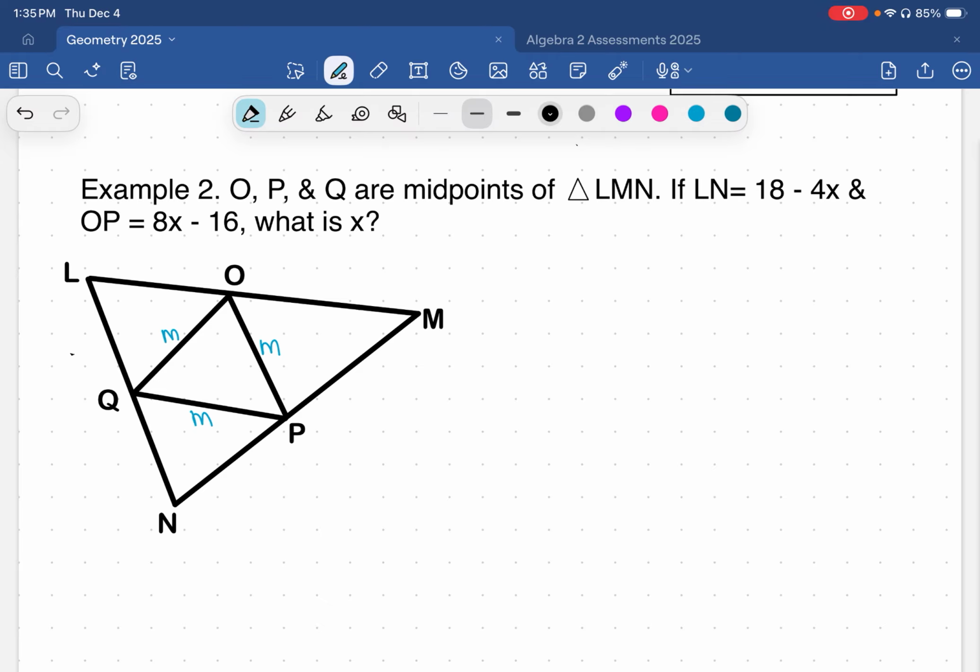All right, LN is 18 minus 4x, and OP is 8x minus 16. We just have to solve for x. Let's go ahead and use our highlighters to help us find LN and OP.